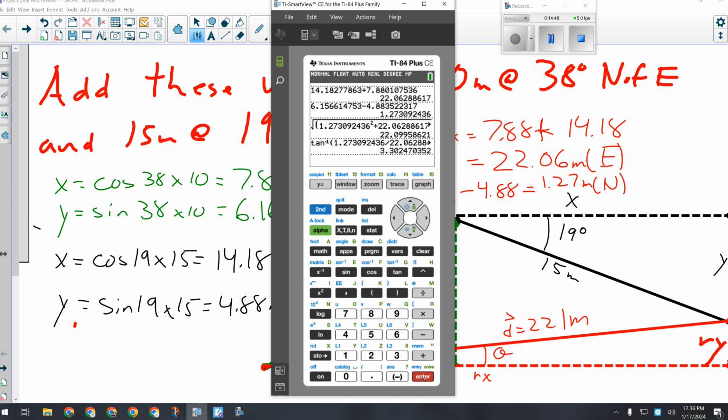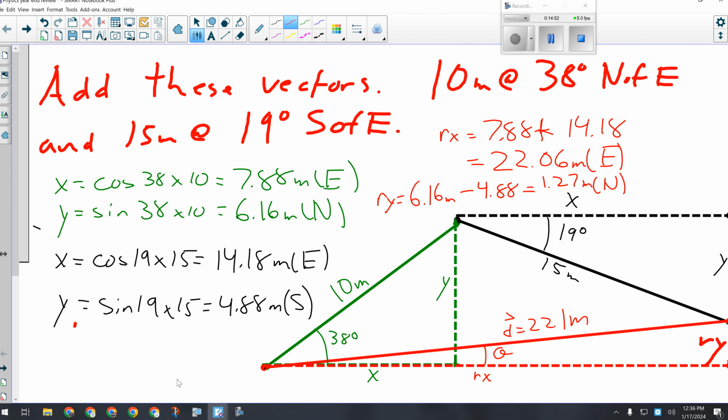I get an angle there of 3.3 degrees. Actually, how many significant digits? I only have two significant digits. So 3.3 degrees north of east, and 22 meters because I only have two significant digits.